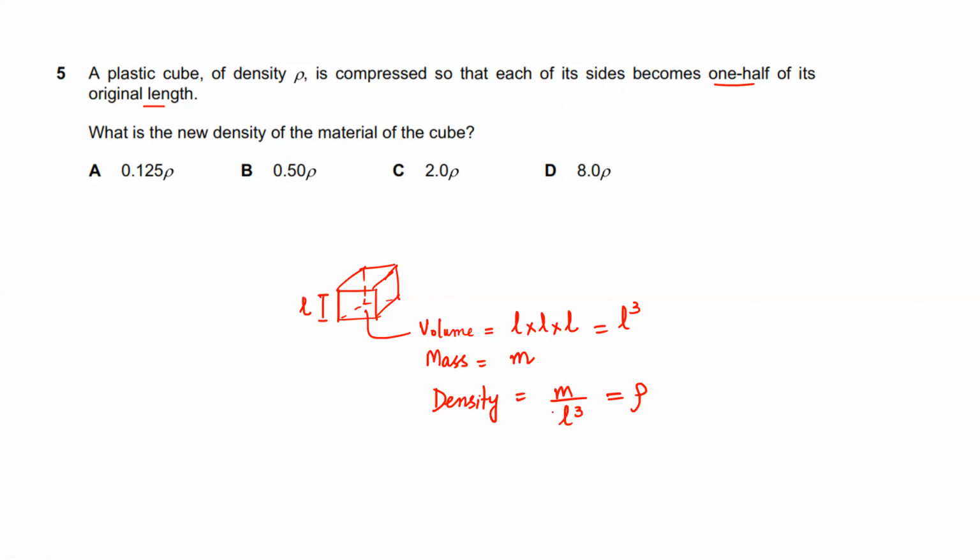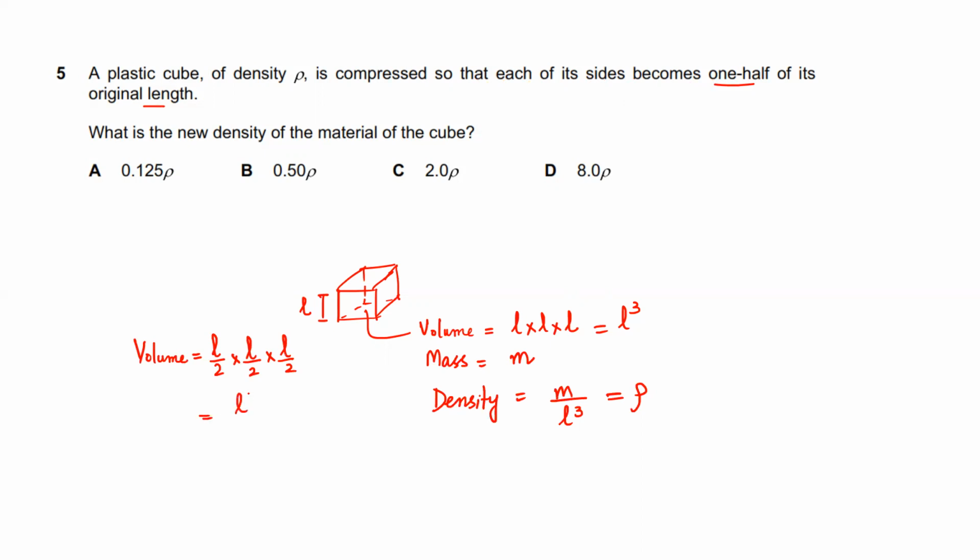So now what happens if all these lengths are reduced to 1/2 of their original length? So each of its sides becomes 1/2 of its original length. So L by 2 multiplied by L by 2 multiplied by L by 2.